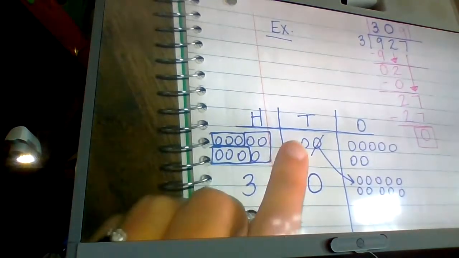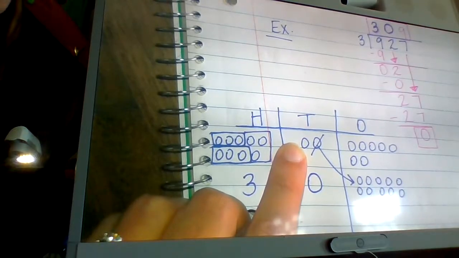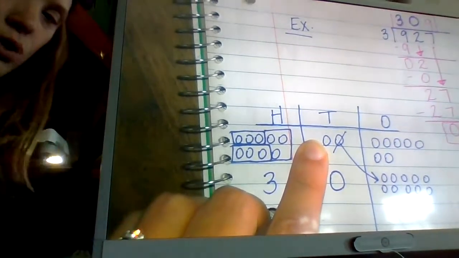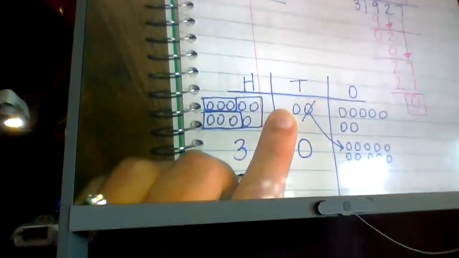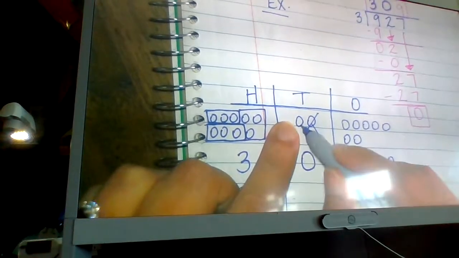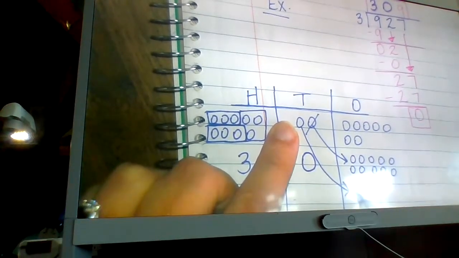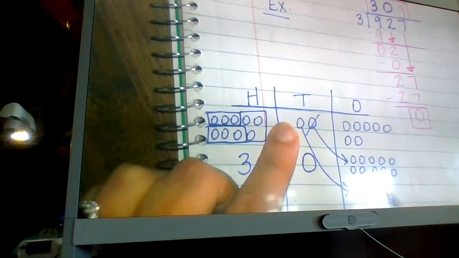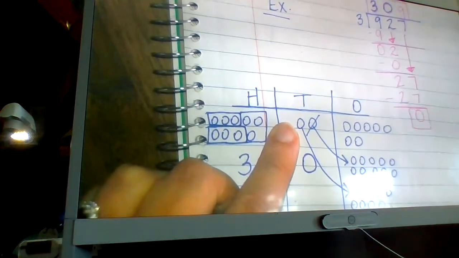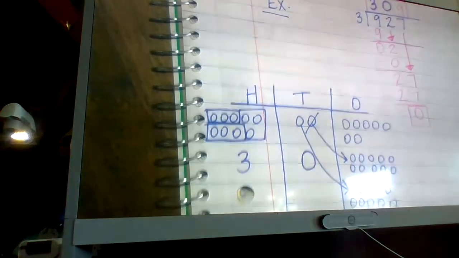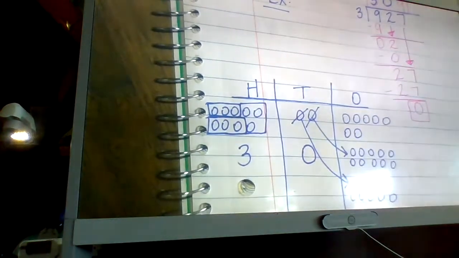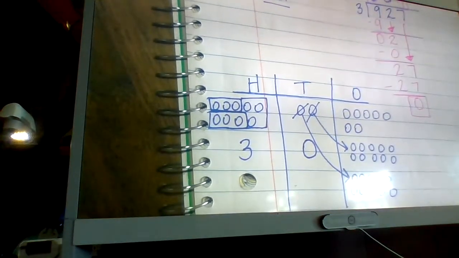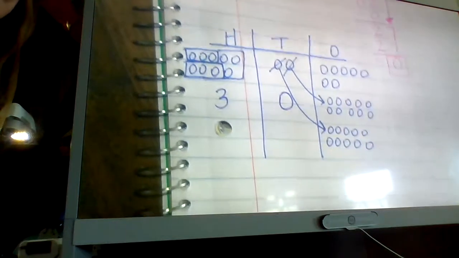I have another group of 10 in the tens place I could not use, so I'm going to move that over to the ones place as well, to be a group of 10. 1, 2, 3, 4, 5, 6, 7, 8, 9, 10. So those 2 groups of 10 go to the ones place now.